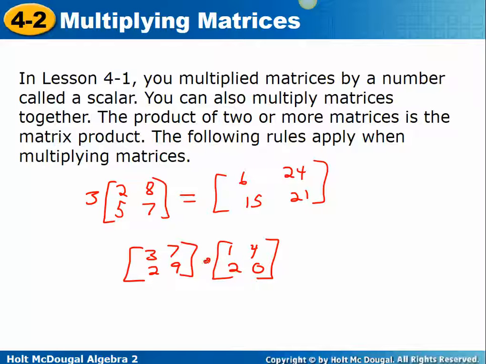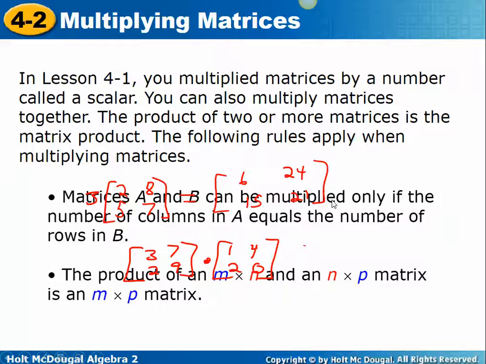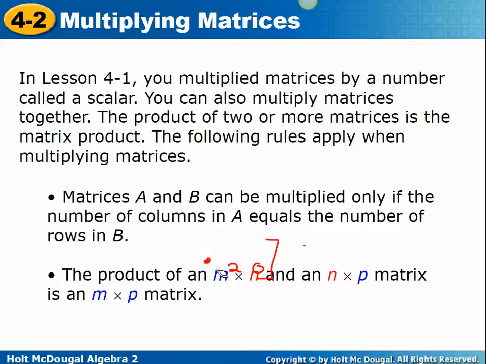So when you're multiplying two matrices together, there's certain rules that you have to have. And I covered up the rules area. That's all right. So first of all, matrices A and B can be multiplied only if there's a certain thing about the dimensions that has to be true.